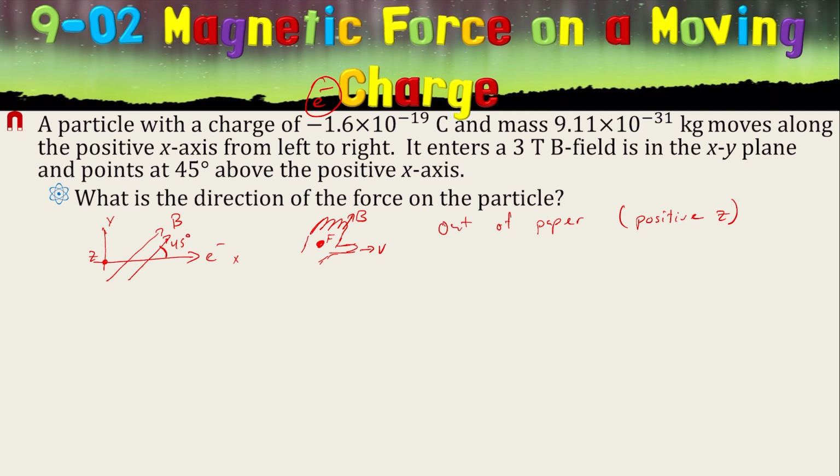Except it's not going to be positive because our charge is negative. So that gives us the force on a positive charge, but this one is negative, so it's going the opposite direction. So instead of out of the paper, it'll be into the paper, because it's negative.